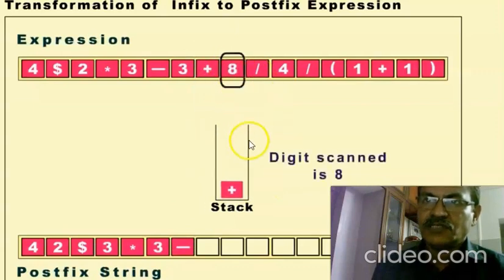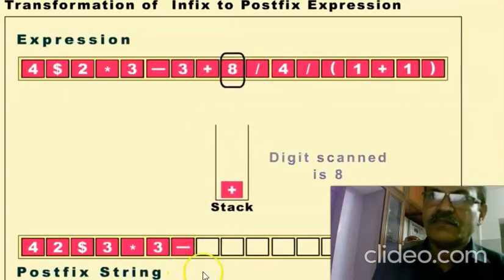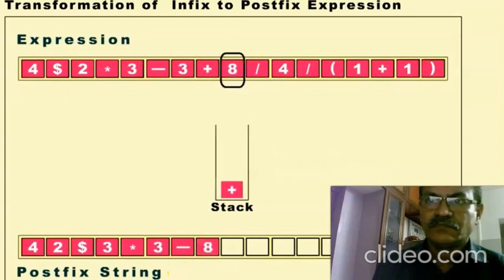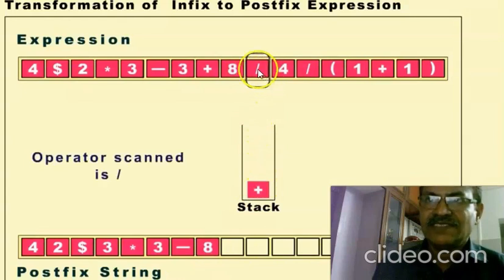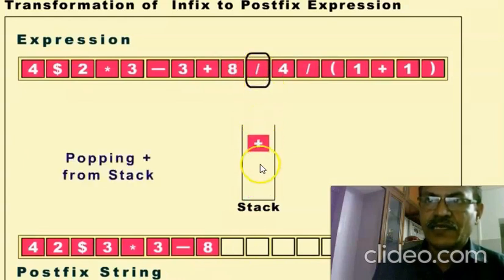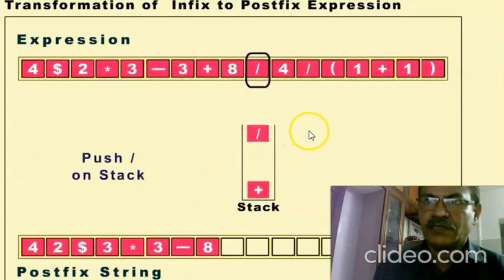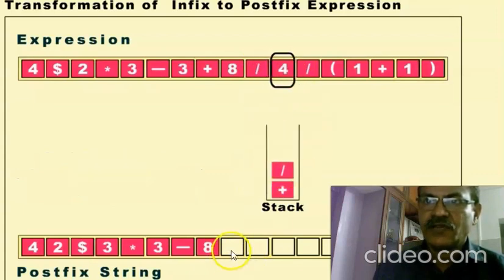Plus can move into the stack now. 8 is an operand. Divide has higher priority, so we can keep it over plus. Come here. 4 comes here.